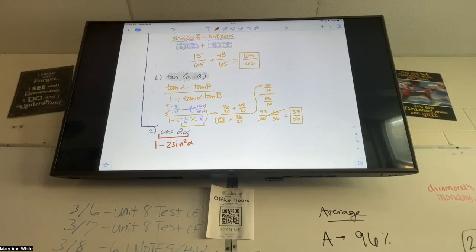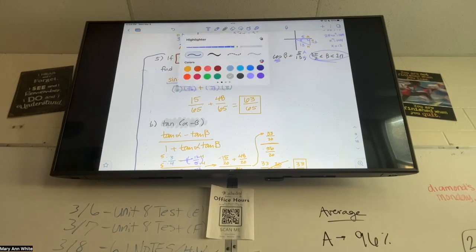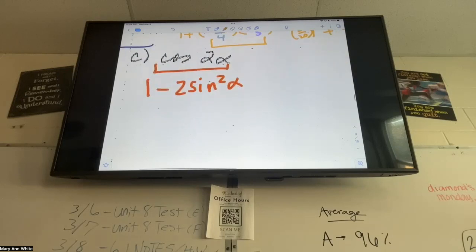So even if I messed up finding cosine, I know that I'm going to do this correctly because I'm plugging in the thing that was given to me. So I'm going to plug in sine alpha here. Now that being said, you can use any of them. If you wanted to use the cosine squared minus sine squared, you can find sine and cosine of alpha based on the picture that we've already done, but this is even less work.